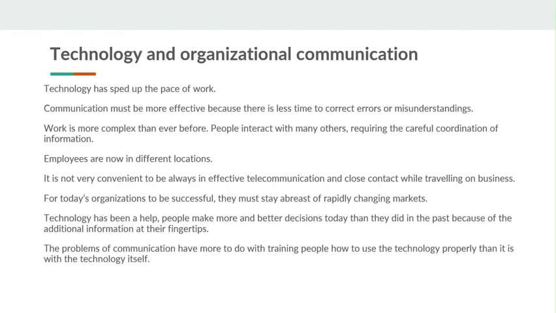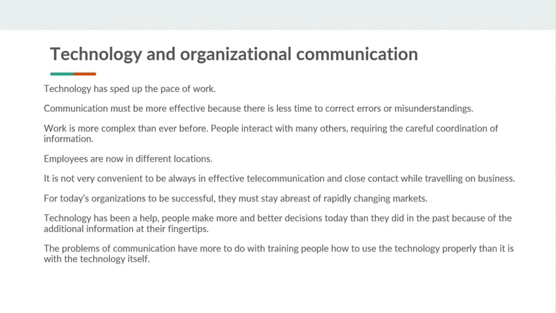For today's organizations to be successful, they must stay abreast of rapidly changing markets. Technology has been the hub, so people make more and better decisions today than they did in the past because of the additional information at their fingertips.